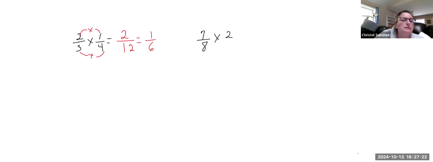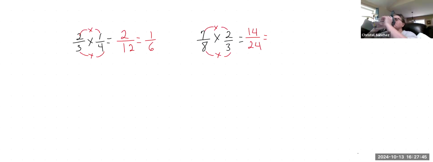Okay. Since it's multiplication, we're going to just multiply straight across. So 7 times 2 is 14, and then 8 times 3 is 24. So now, can I reduce this more? I can, right? I'm going to start with just 2. So 2 goes into 14 7 times, and 2 goes into 24 12 times.